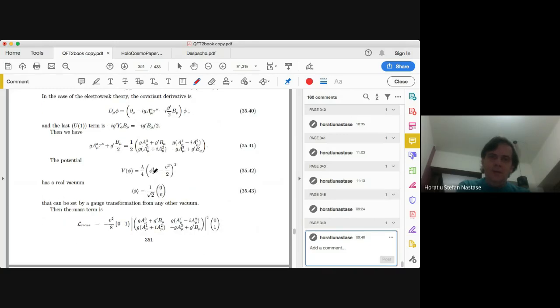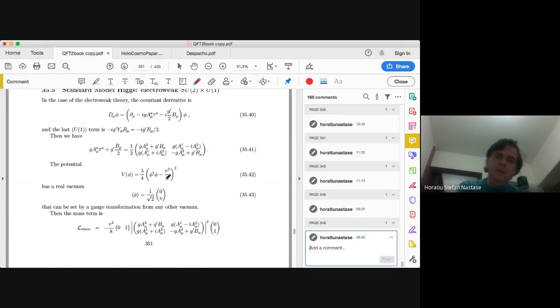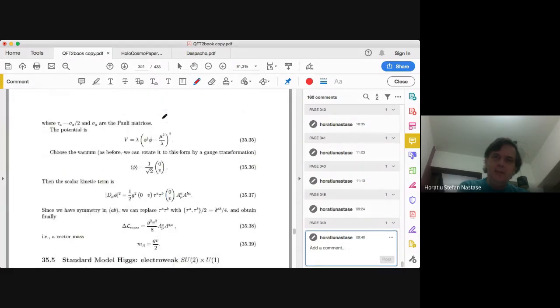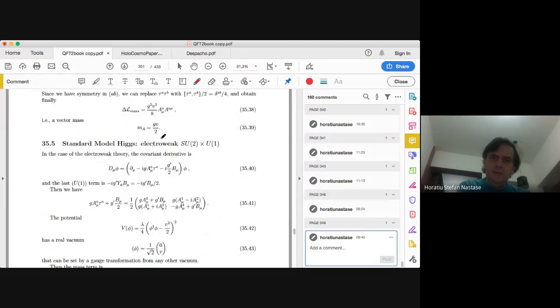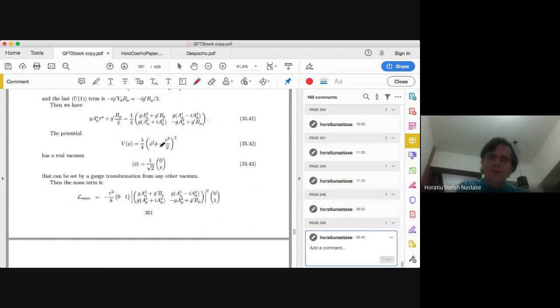And the potential is written now in a similar way as in here, just with different normalizations, different definitions. So I write it as lambda over 4 times phi dagger phi minus v squared over 2, squared.